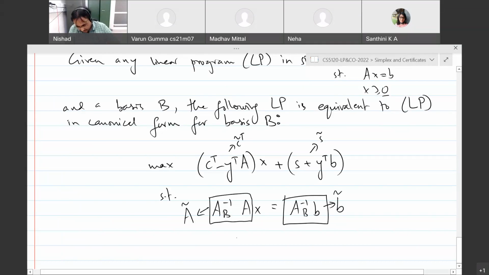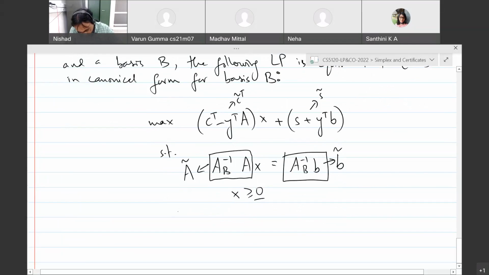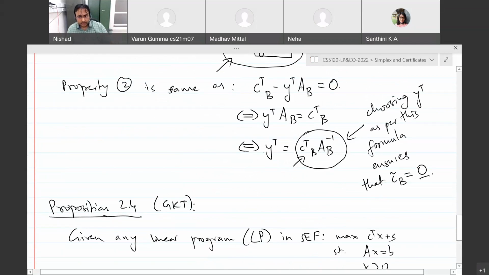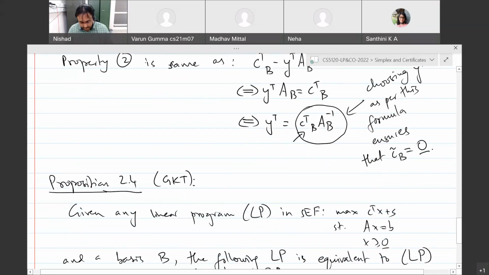And we still have the same non-negativity constraint, where most importantly, the vector y is computed as per the formula. I can also take the transpose on both sides and make it simpler. So y is A_B inverse transpose times C_B.